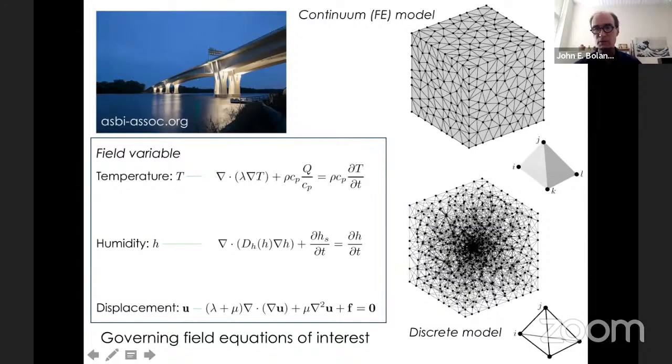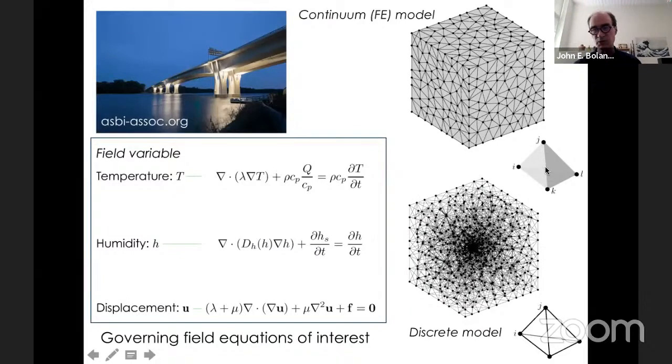One of the main differences between these is that for finite elements, each element is composed of at least 4 nodes in 3 dimensions. And for discrete models, each element is simply 2 nodes. For the continuum methods, we have a description of all the field variables, be it temperature, humidity, or displacement.